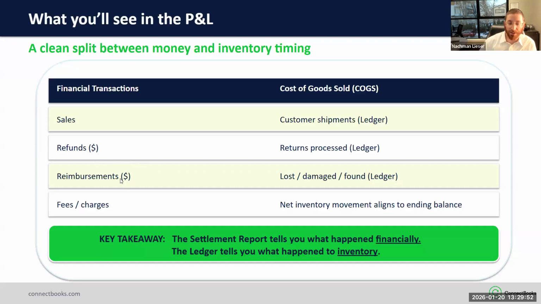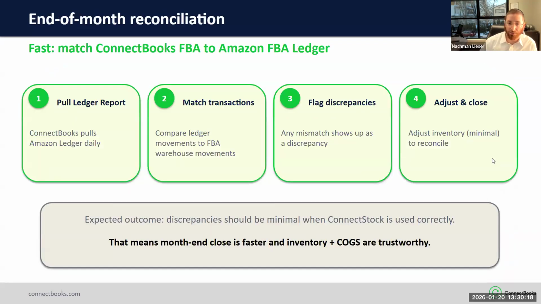Reimbursements, the dollar amount of how much Amazon reimbursed you, comes from the settlement report. The lost, damaged, or found comes from the ledger report. So basically, our cost of goods sold is based off the ledger report, and our financial transactions are based on the settlement report. And when we combine those two together, it will give you real clarity on what's happening.